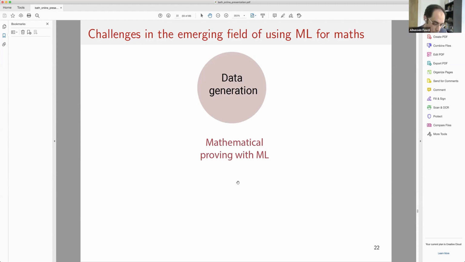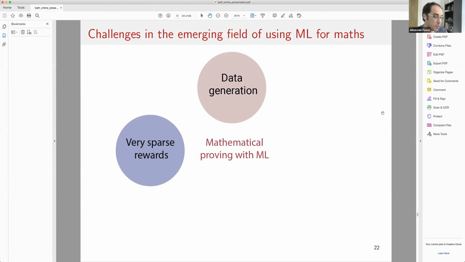One of the really cool things about perceptual tasks is that data is very abundant, so you can have very good quality data. In mathematics, you can always try to generate synthetic data, but it will not be as good as what you get naturally. So there is always this very hard transition from synthetic to real theorems or real inequalities and so on. So data generation is one very important problem.